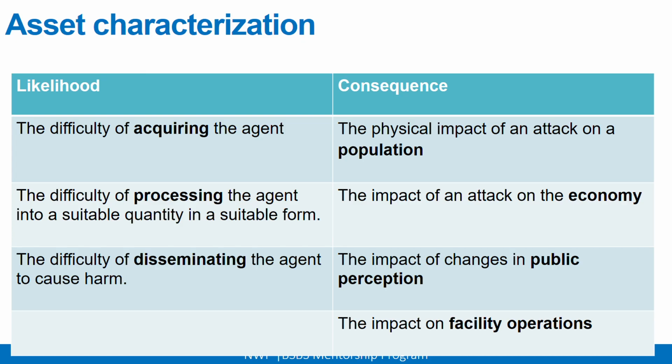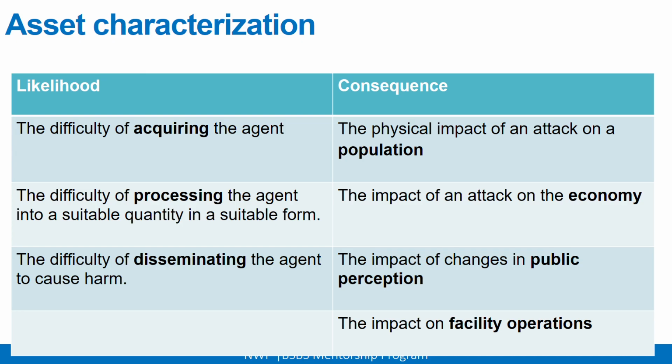Or if you can mix it with certain chemicals and it can propagate and move through the air, through the gases, then that one also becomes more valuable than something that you cannot easily disseminate.